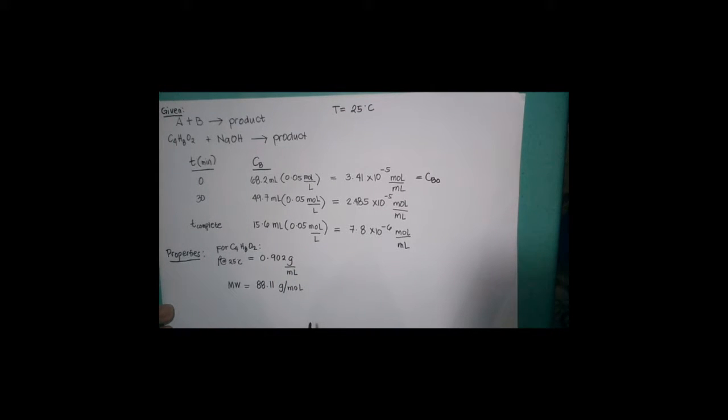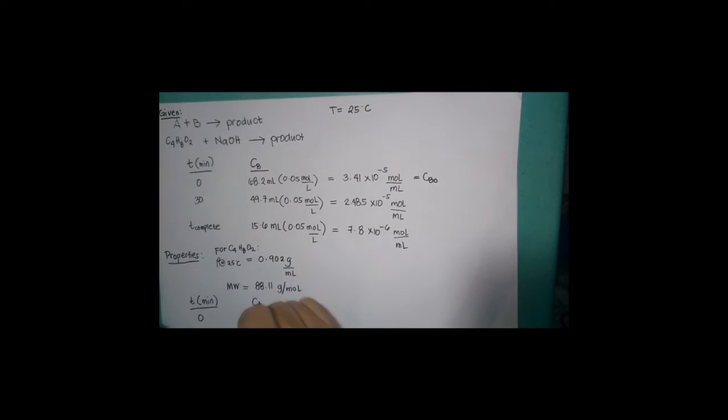So in order to find our CA, we will use this data. So time in minutes, at t equals 0, our CA will be 100 minus 68.2 times 0.902 gram per ml all over 88.11 gram per mole.